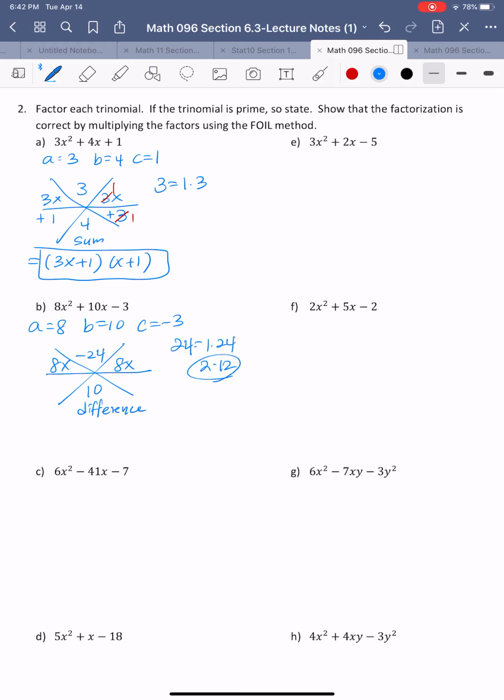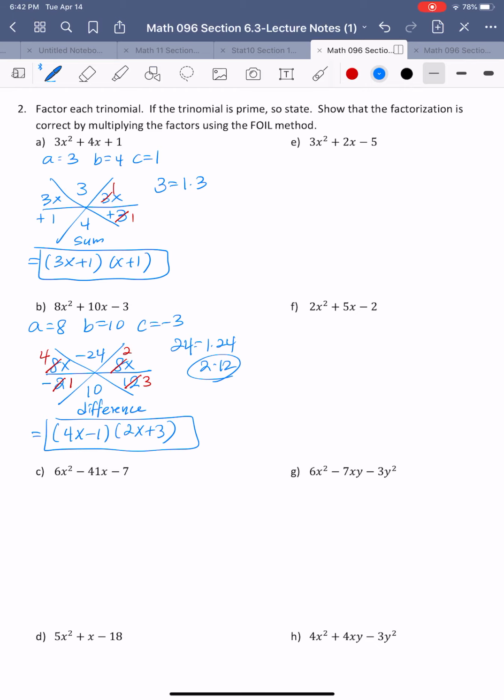Did you see that we already got a difference of 10? 12 minus 2 is 10. So 2 and 12. Right? And then I need a positive 10, so the 2 must be negative. Reducible: 2 goes into 4, and then 2 goes into 1; 4 goes into 2, and 12 into 3. Okay, so you get 4x minus 1 times 2x plus 2.